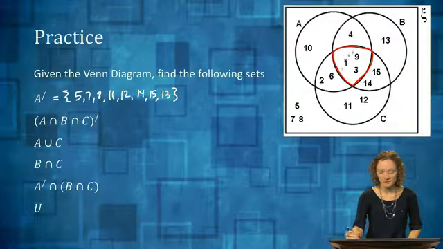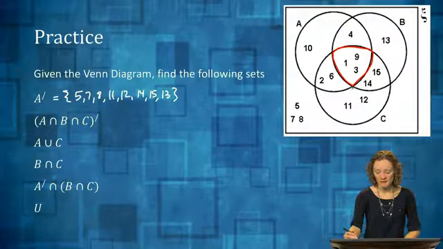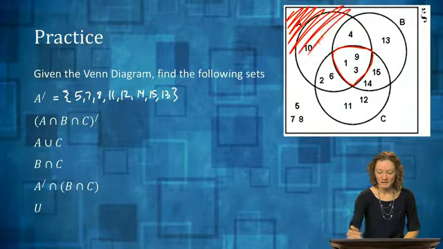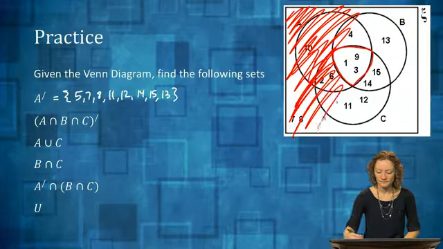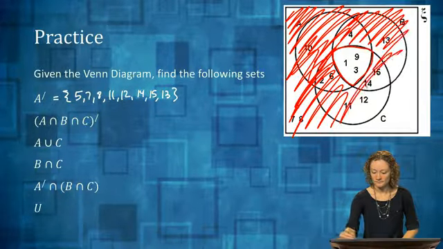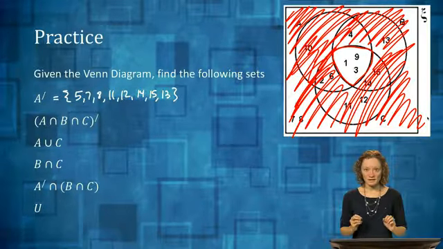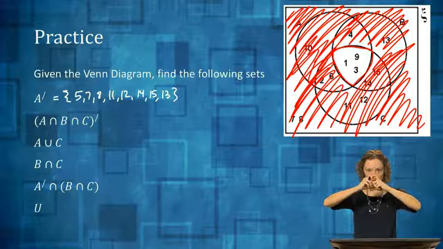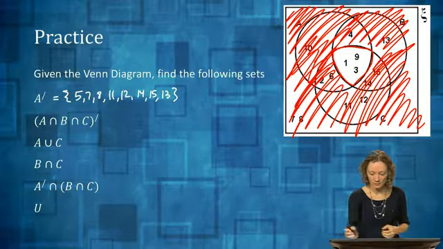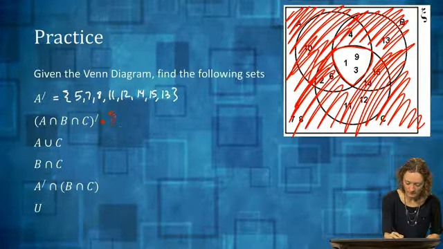That's what's inside the parentheses. But we want the complement of that, so it's going to be everything outside of that region. So A intersect B intersect C, complement is not everything inside, everything outside. There's their intersection of the three. You want everything outside of there.